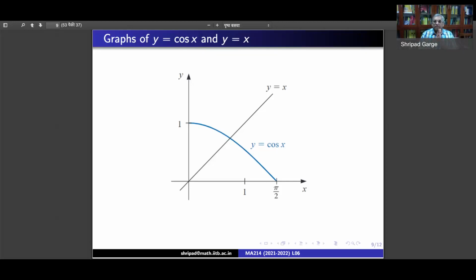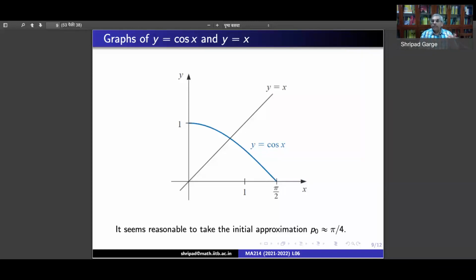It seems reasonable to take the initial approximation at pi by 4. So we have 0 to pi by 2. 1 would also have been a possibility, but it is further away from the fixed point than the point pi by 4. So we will take pi by 4.